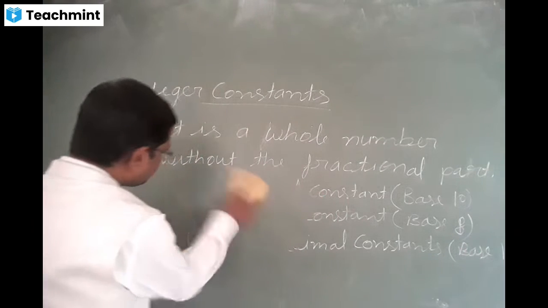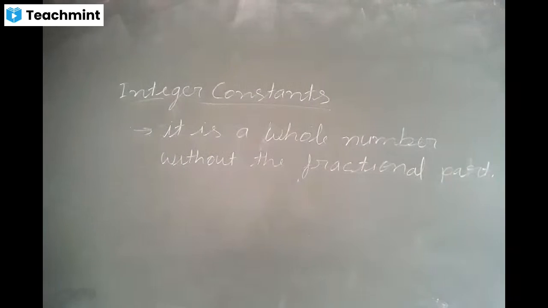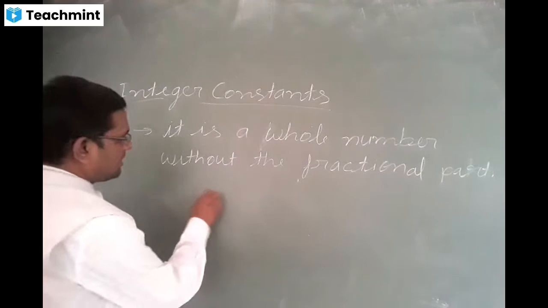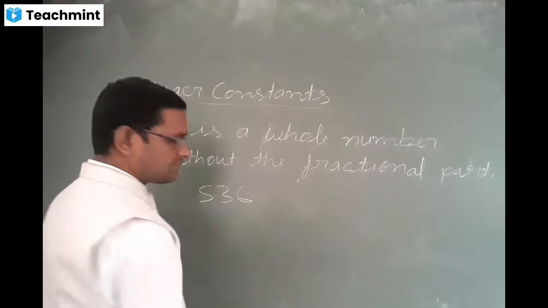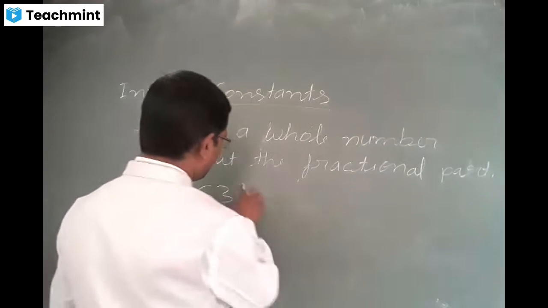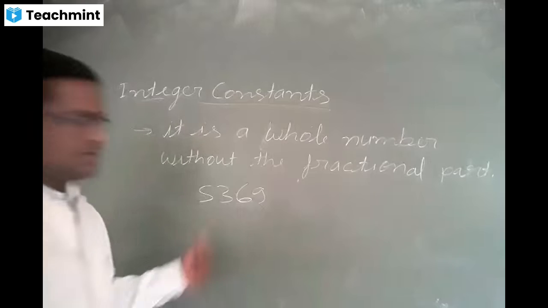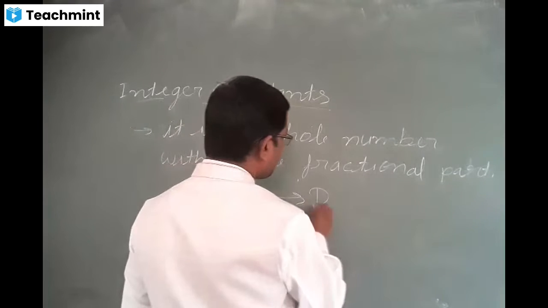For example, when we write 536, what will happen? This is a decimal constant.